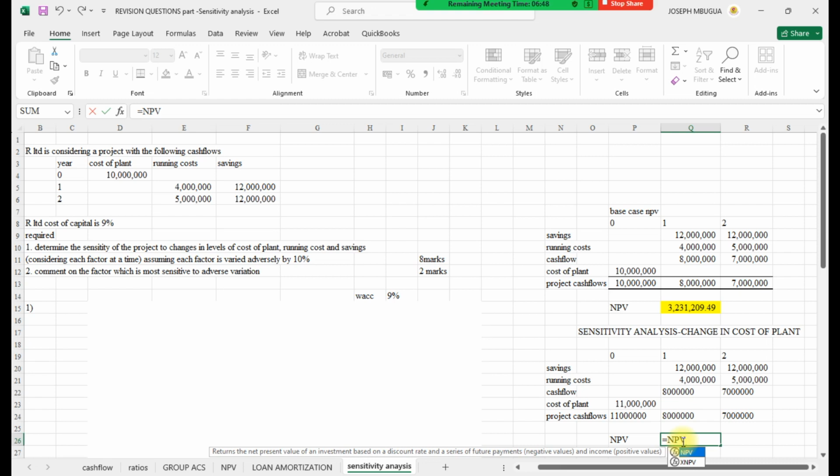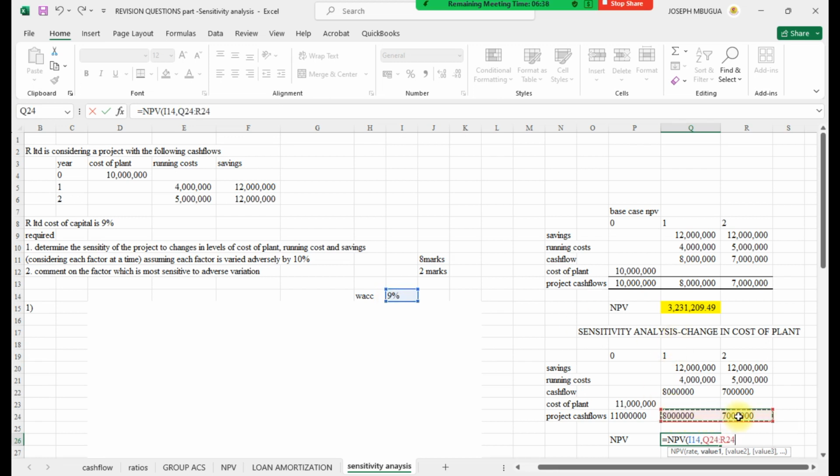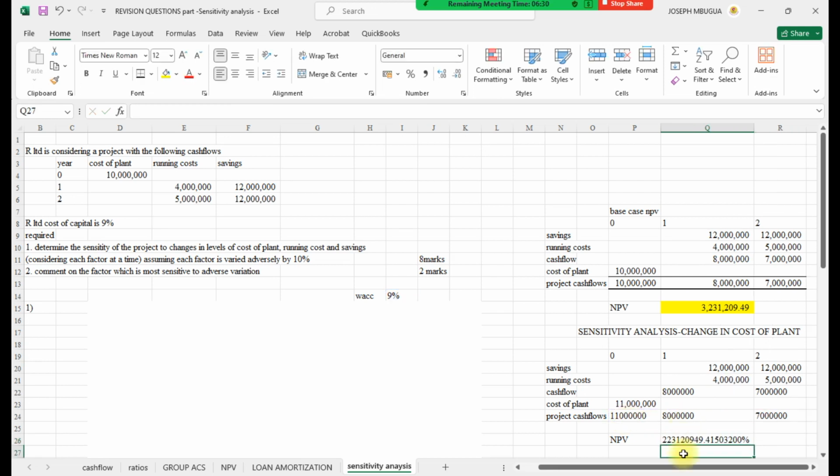I will recalculate my NPV. So my rate remains 9. My cash flow is 8 and 7, and I minus my initial, which is 11.